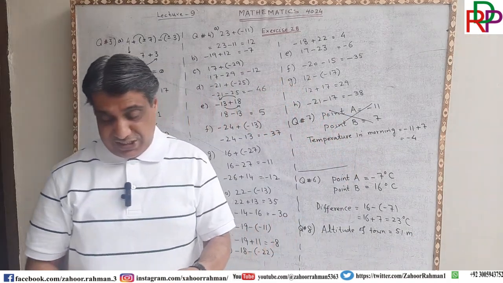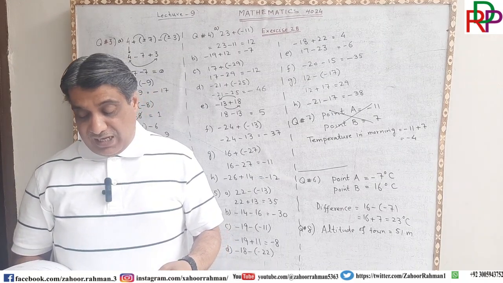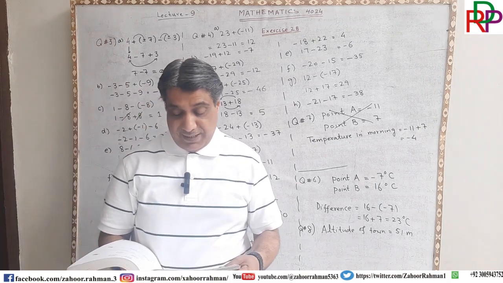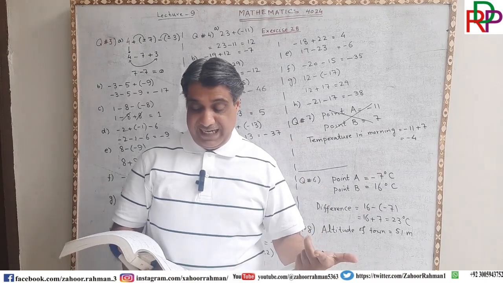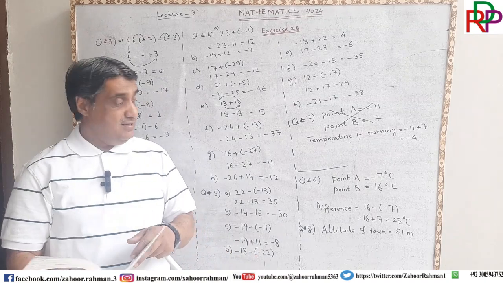Now let's see what the question is saying. Represent the altitude of the town using a negative number. Altitude of the town should be a negative number, that is minus 51.